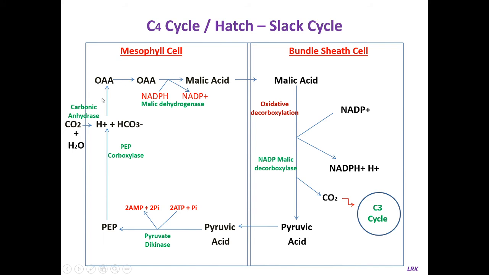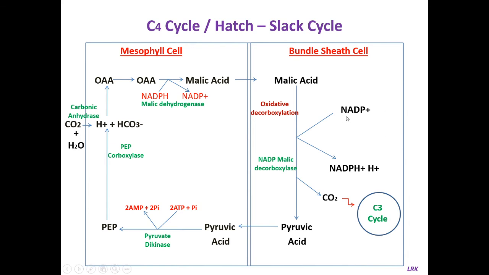So initially all these reactions take place in mesophyll cells, but after the formation of this malic acid, it enters into bundle sheath cells where it undergoes oxidative decarboxylation in the presence of the NADP malic enzyme, a decarboxylase.